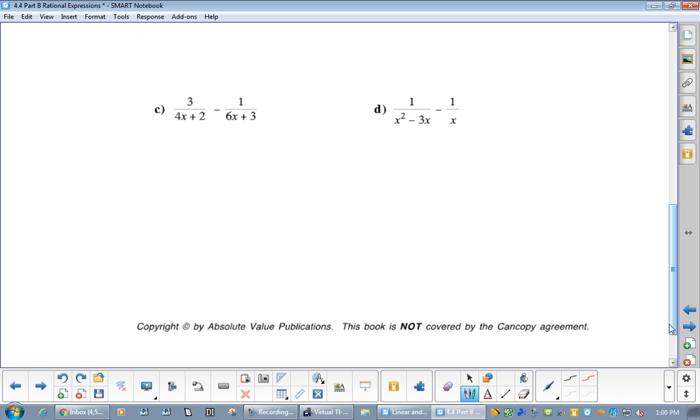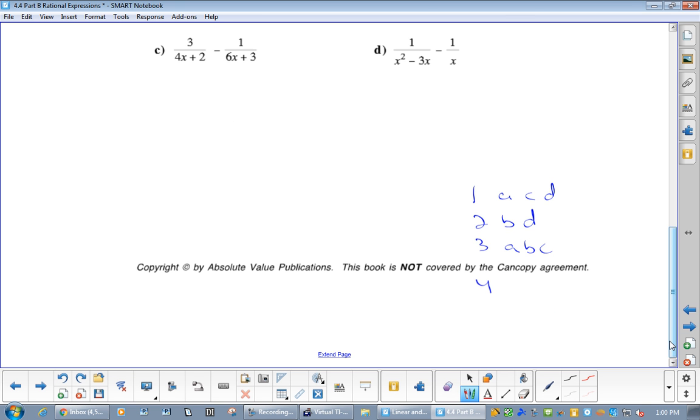Okay, so here's what we're doing for homework. So we're doing 1 A C D. So this is all in your book, by the way, not in your workbook, but in the book you're in right now. 2 B D, 3 A B D. Now 4, obviously I'm doing second 4. Oh, so maybe that's supposed to be your 3.